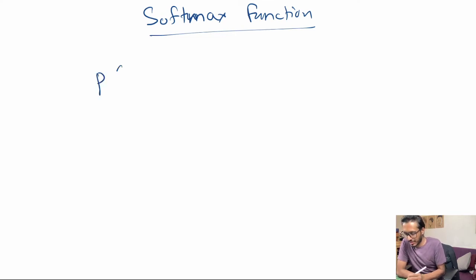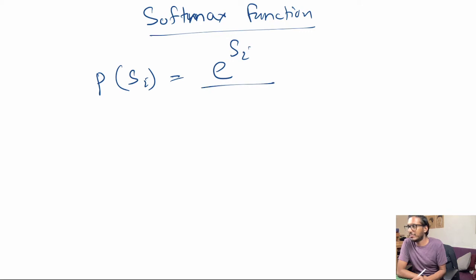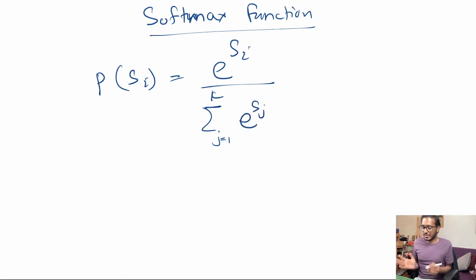So again, p of si is equal to e to the power of si divided by the sum over j from 1 to k of e to the power of sj. So this is the softmax function, but I'll explain how we get there as well.